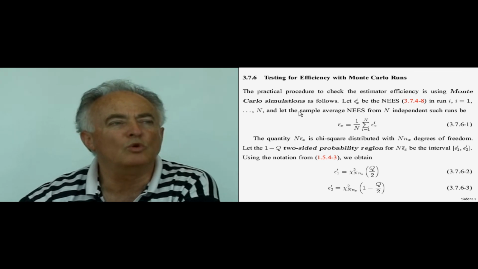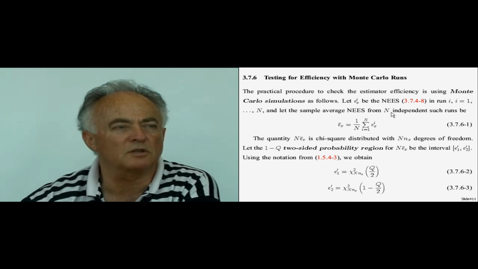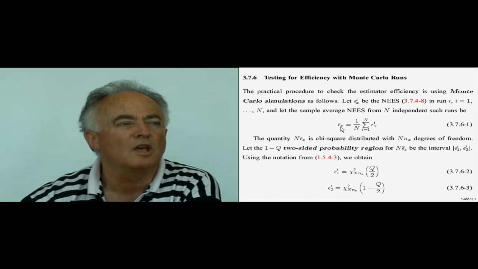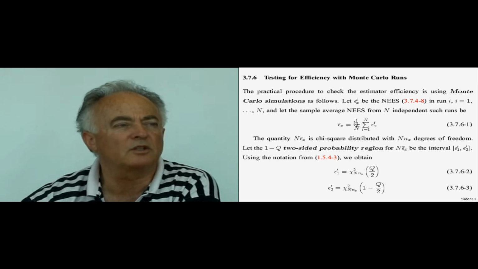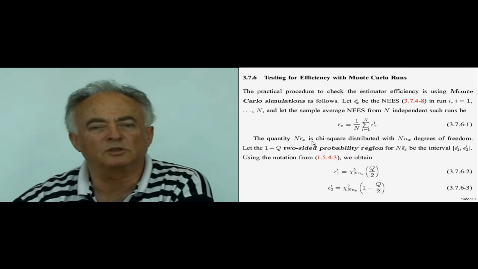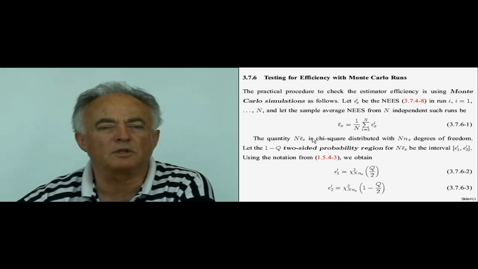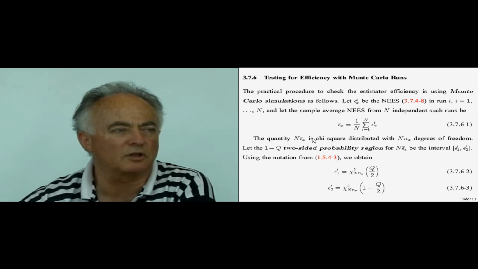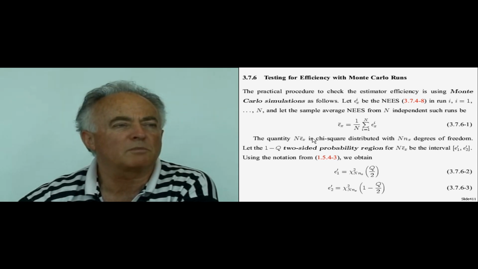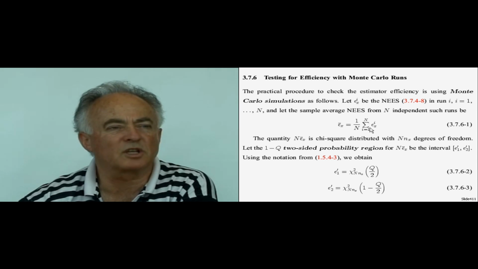So what we do is we calculate an average NEES from these N independent runs: take this epsilon_x,i, sum over N and divide by N, and get an epsilon_x bar. Now, before dividing by N, what we have is this summation on the right-hand side. Because the Monte Carlo runs are done with independent random variables from one run to the other, we have each epsilon_x as an n_x degree of freedom chi-squared.